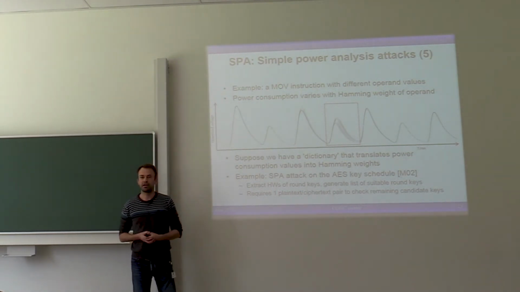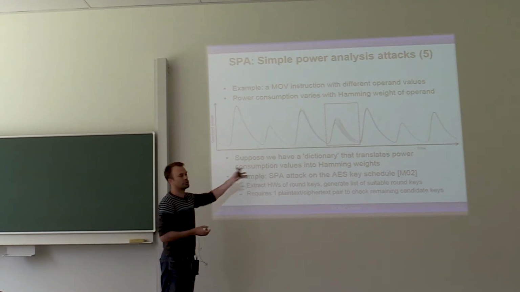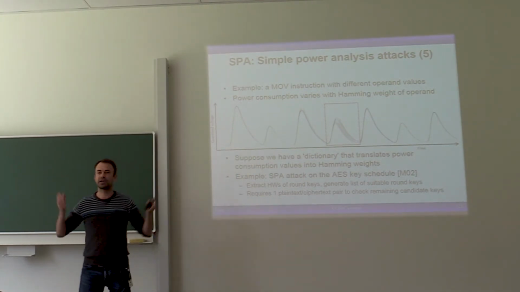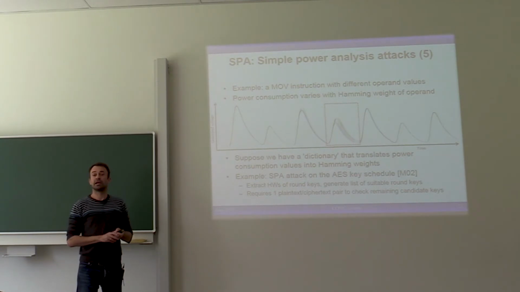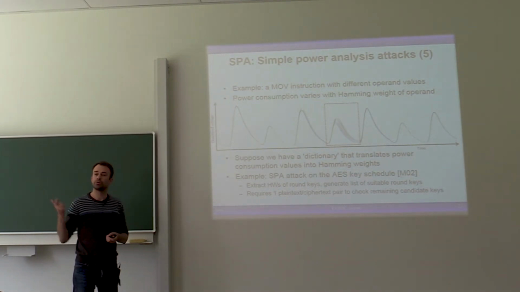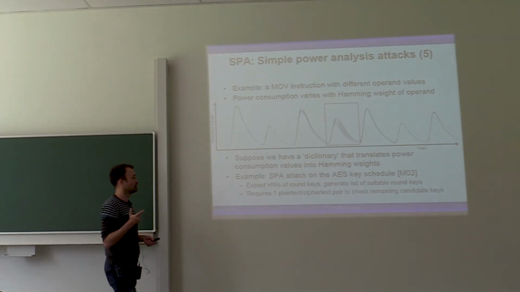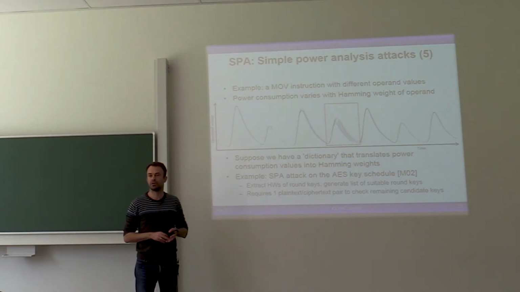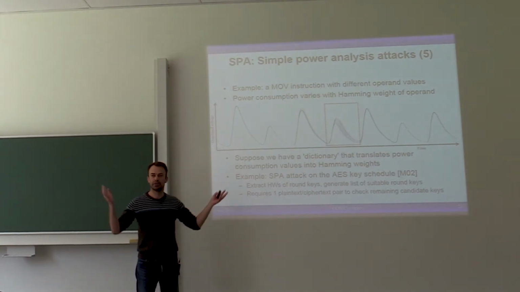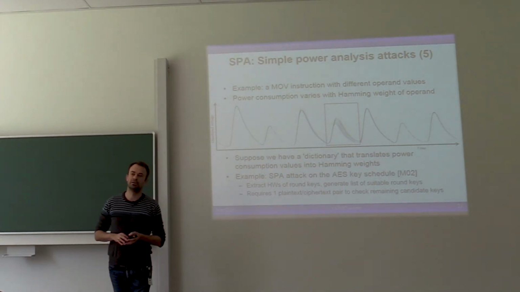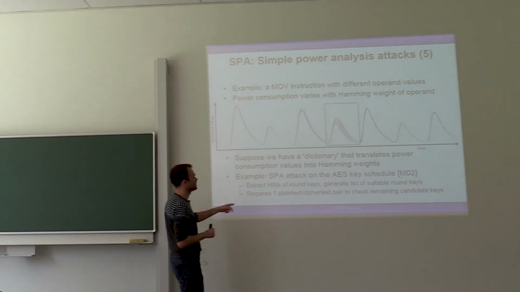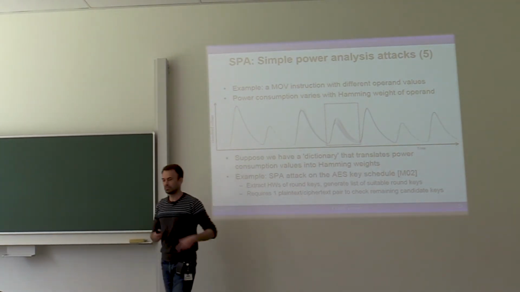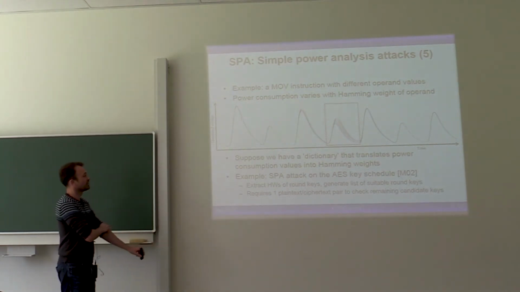If I'm able to extract the Hamming weights not only of the AES master key, but of the master key and all the round keys, I have so much highly redundant information about the master key that brute forcing this and figuring out what's actually the key is very simple, just from one measurement. If I'm able to extract all the Hamming weights of all the key bytes of all the round keys, I have a lot of redundant information. I need one plaintext ciphertext pair, because I need to guess a possibly valid key, and then check whether it's correct.